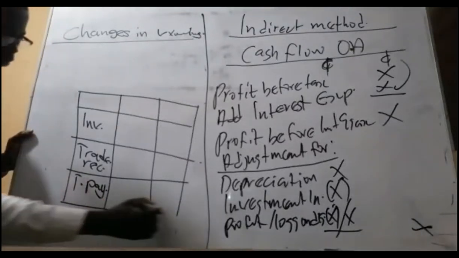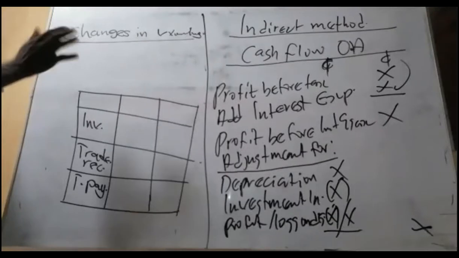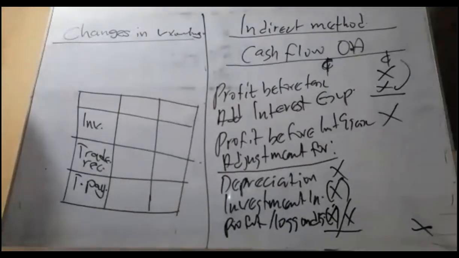These are the three working capital items. If you get this one clear, you get 10 marks for free. You can do that one first, then you start the work before going to look for the profit before tax. Inventory, trade receivable, and trade payable.